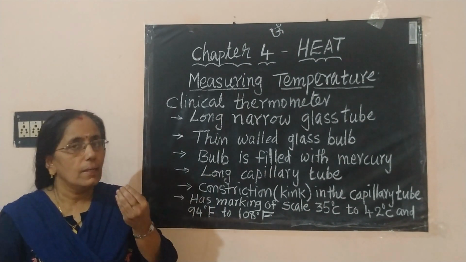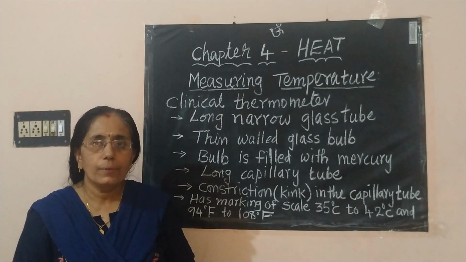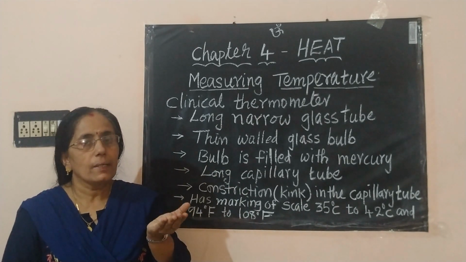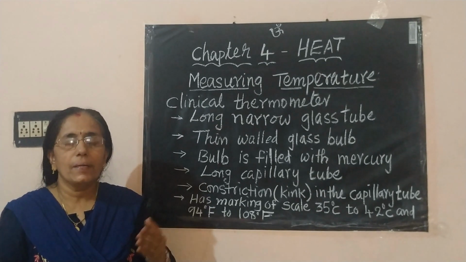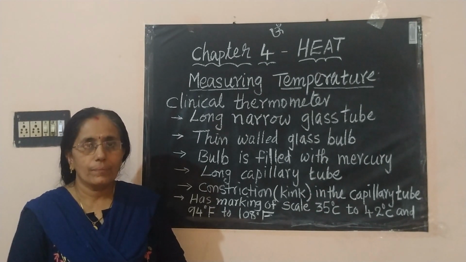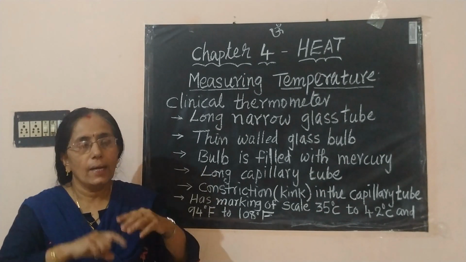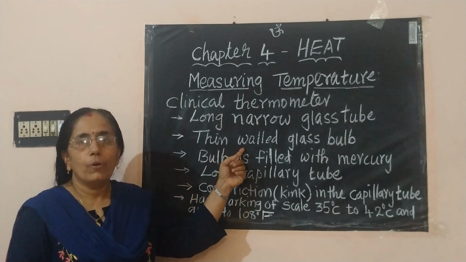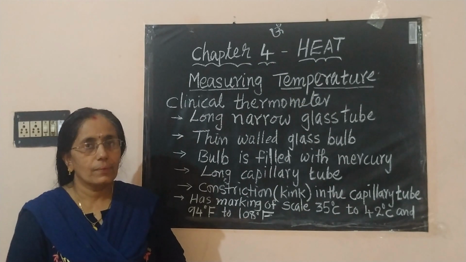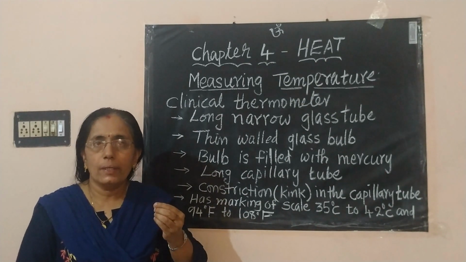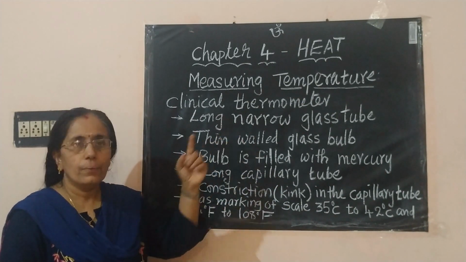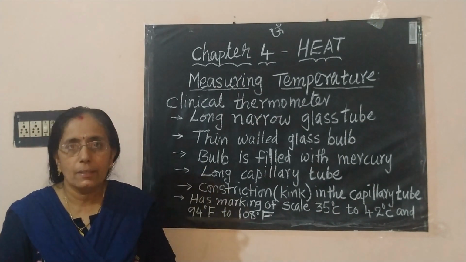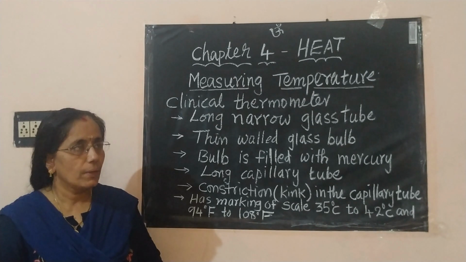You know that glass is a bad conductor of heat. So, to have the heat transfer taking place in the proper way between the mercury and its surrounding, the bulb has got thin-walled glass. If it is a thick-walled glass as the long narrow tube, the heat transfer will not take place in the proper way.